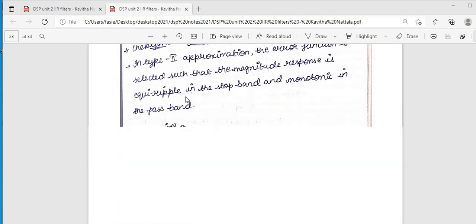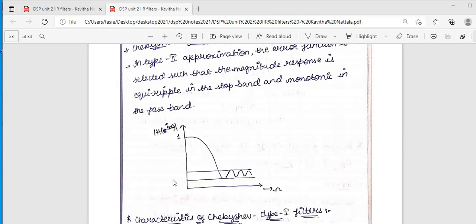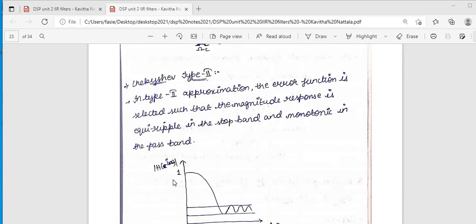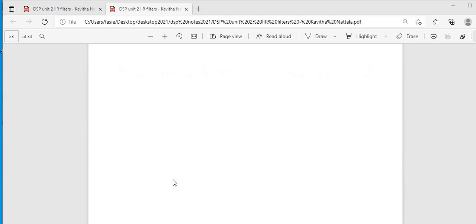What about type 2, students? Type 2 would be like this. As you can see here, what I am just writing: the approximation technique where the error function is selected such that the magnitude response is equi-ripple in the stop band and monotonic in the pass band. It is quite the reverse of the previous type 1. In the previous type 1, what we said is that it only has equal ripples, right?